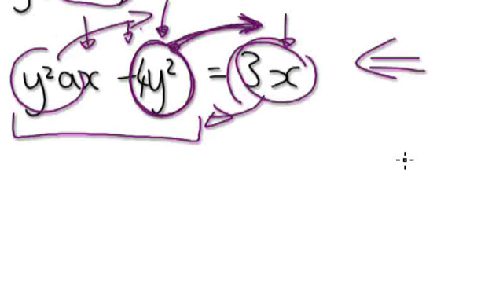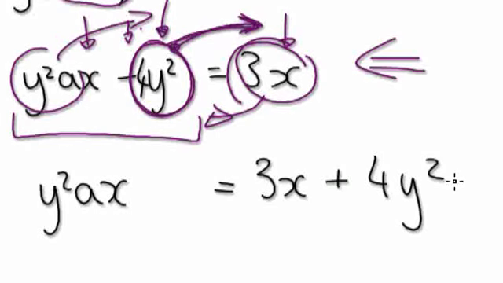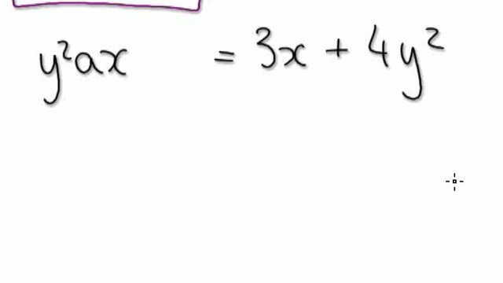So now add 4y squared to both sides. So you're going to have y squared ax, and then remember we're adding 4y squared to both sides. So take this down, and then add 4y squared to this side. Now try and get all the x's on one side and all the rubbish on the other side.